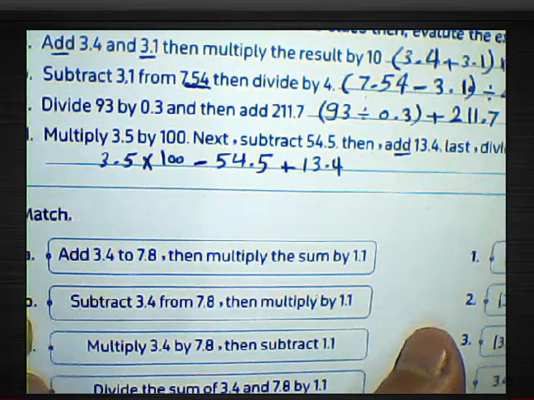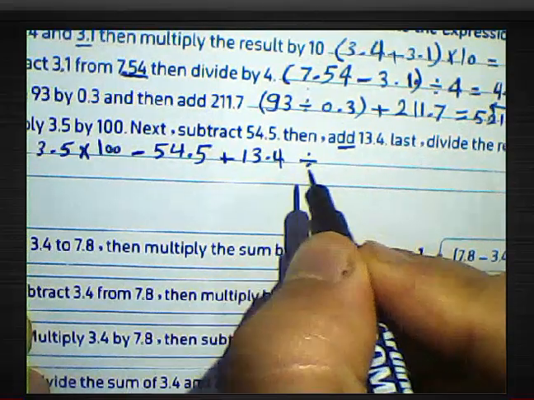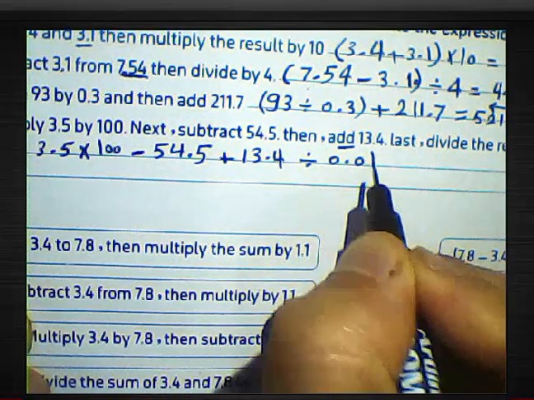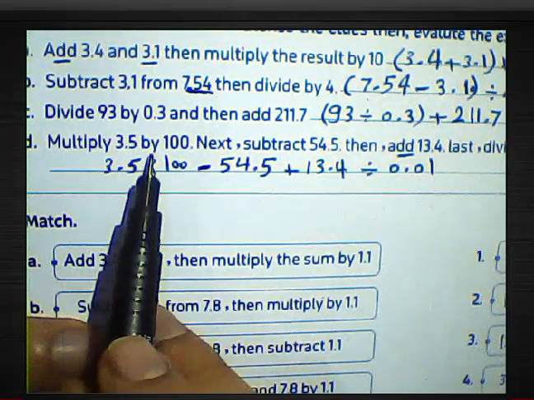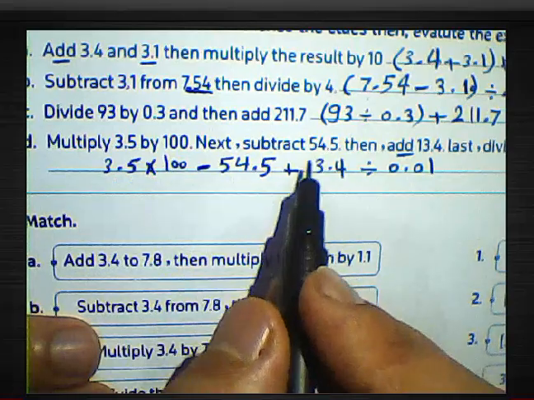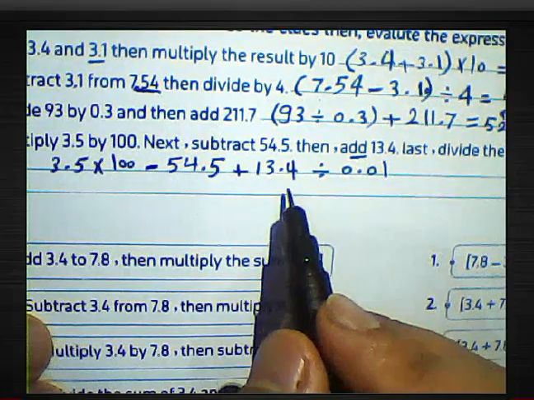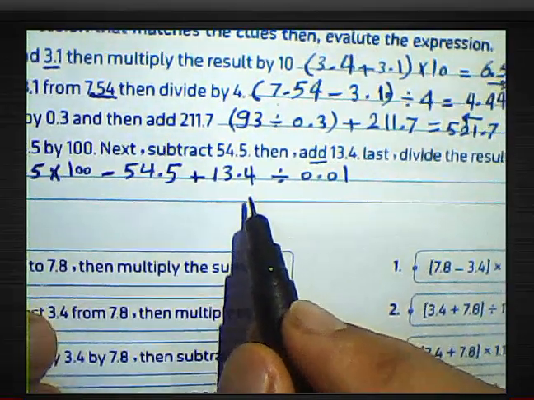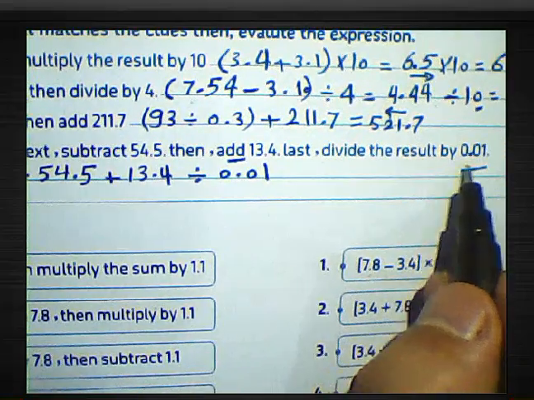Last, divide the result by 100. Again, multiply 3.5 by 100. Next, subtract 54.5. Then add 13.4. The last, divide the result by 100.